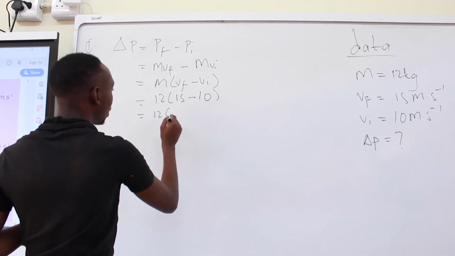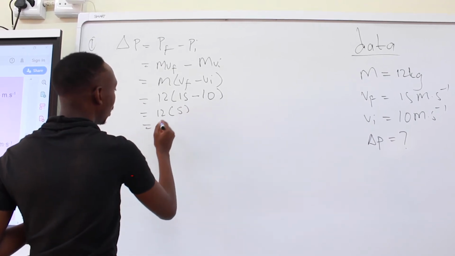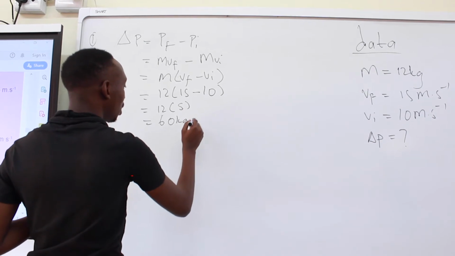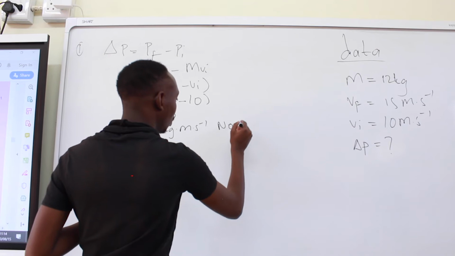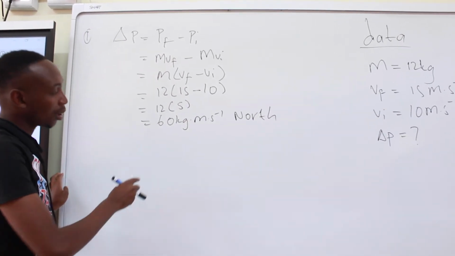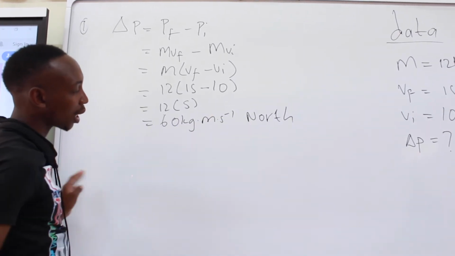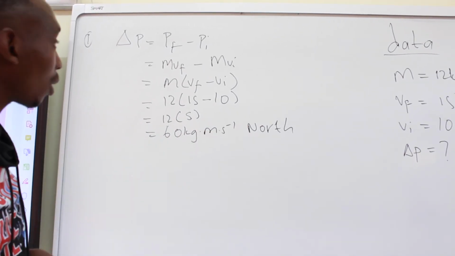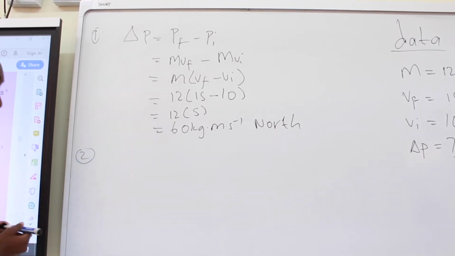So 12 multiplied by 50 minus 10, which is 40. 12 times 40 equals 480 kg meters per second north. Because momentum is a vector quantity, it is very important to state the direction. After writing the magnitude, we also state the direction. So the change in momentum is 480 kilogram meters per second north. This is question 1.